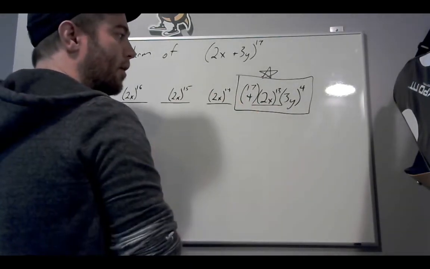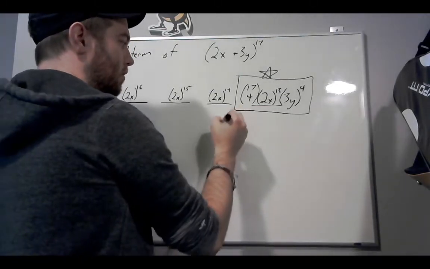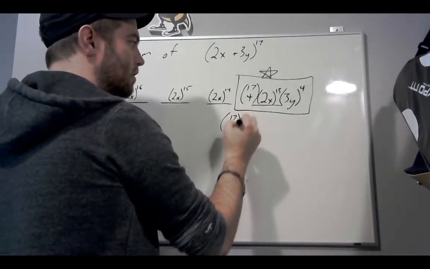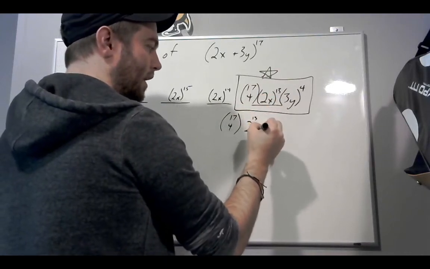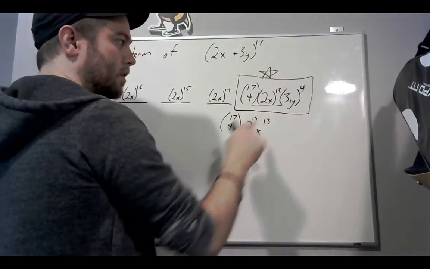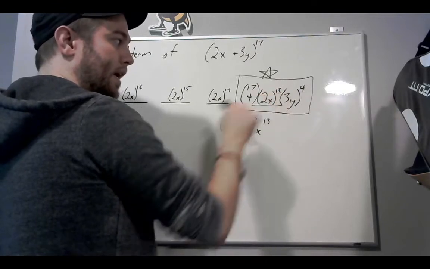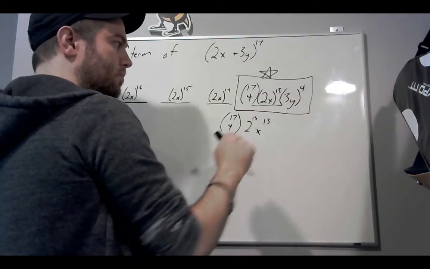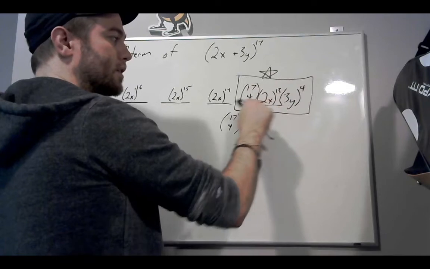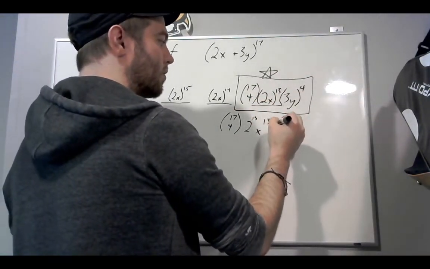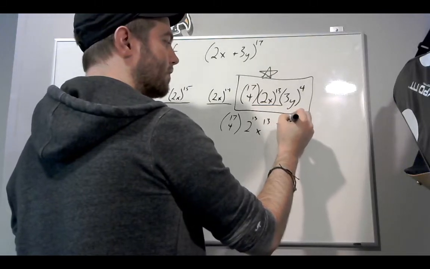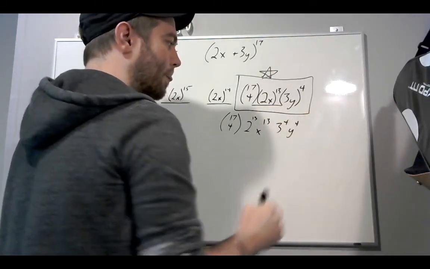So I got to figure out what 17 choose 4 is. Then, since this is going to be 2 to the 13th, x to the 13th, because I'm going to basically distribute that exponent to each of those. So then over here, this is going to be times 3 to the 4th, y to the 4th.